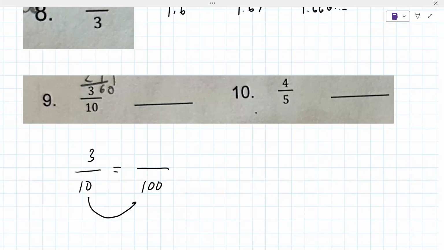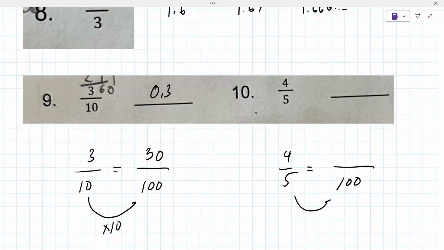So like 10 times 10 is 100. 3 times 10 is 30. So it would just become 30 or 0.3. Yeah. And so the idea is that you can always write it as being over 100, if you can.